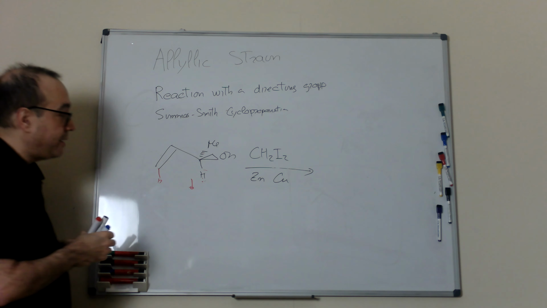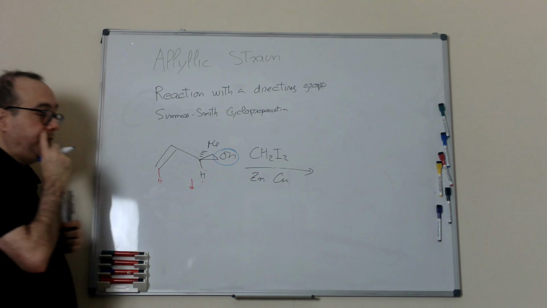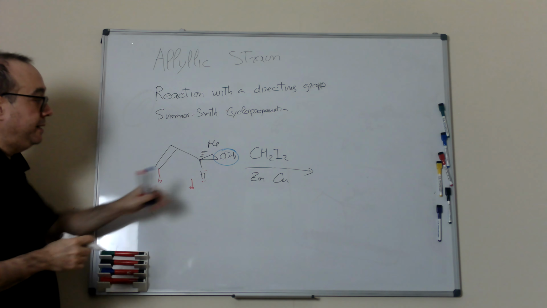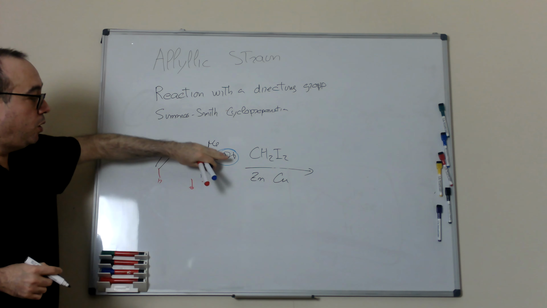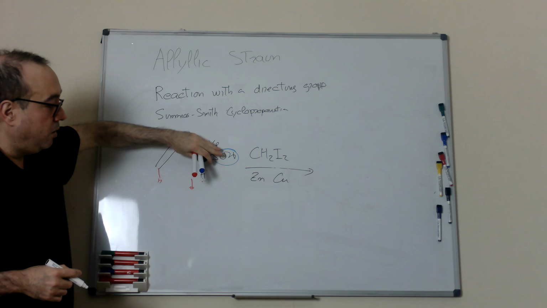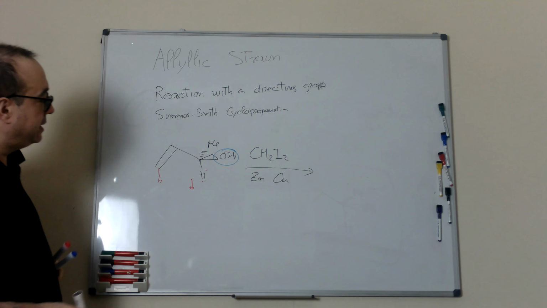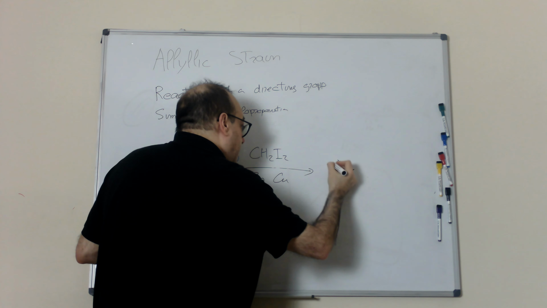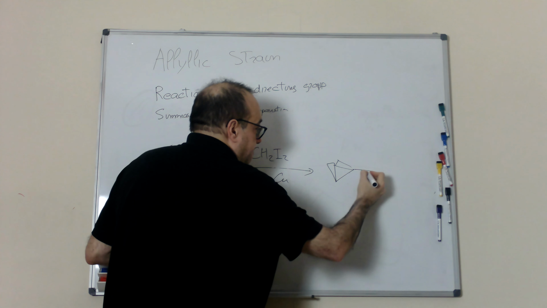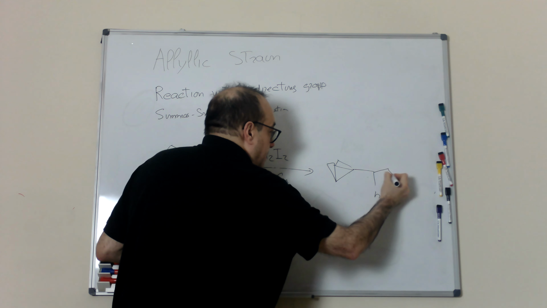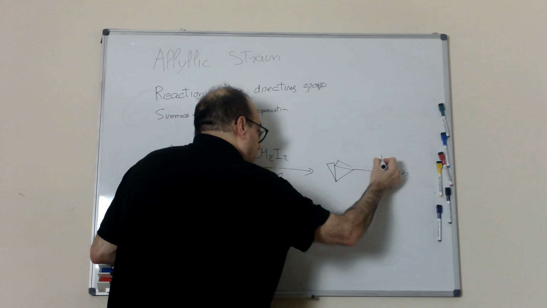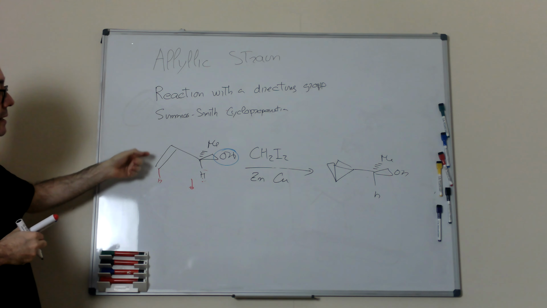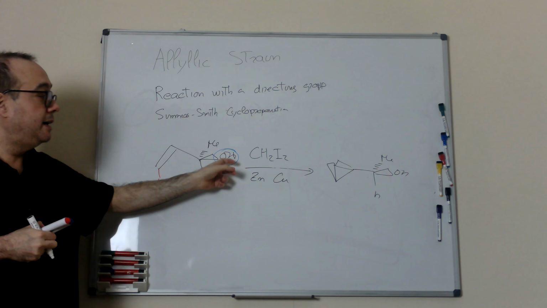I know that the reaction will take place by the same face where the alcohol is. Okay? That means, in this case, this will coordinate with the oxygen of the alcohol and will take place from the same face. That means that I will have this compound where the cyclopropanation takes place by the same site, the same face, where the hydroxyl group is.